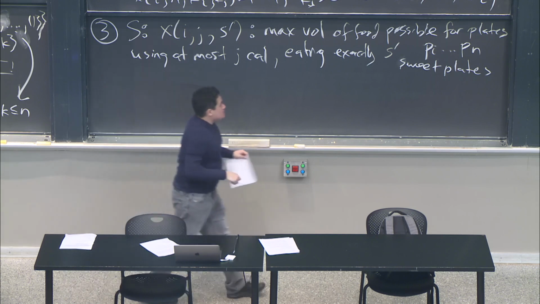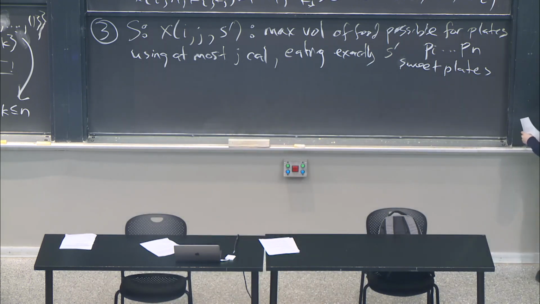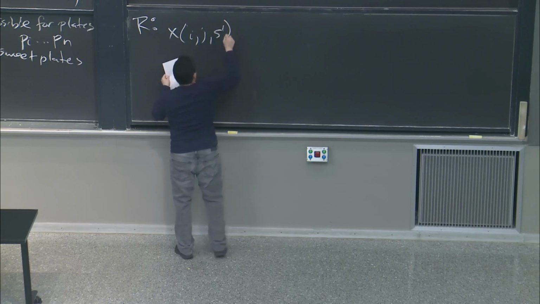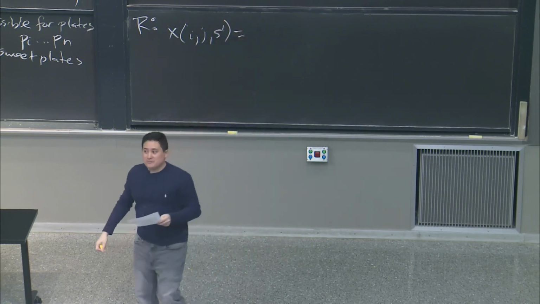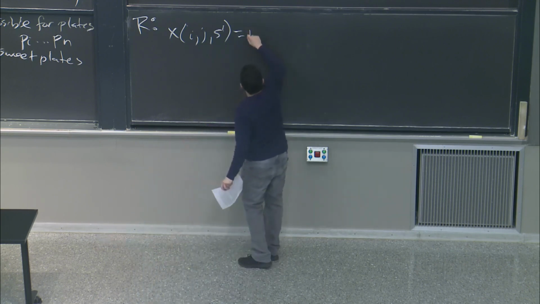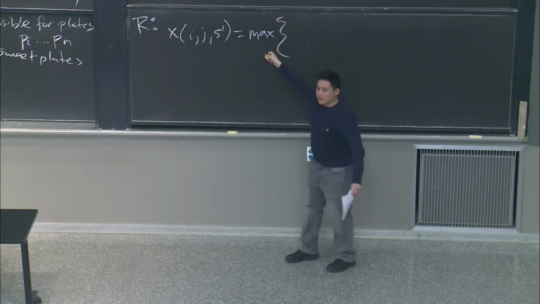I've got tons of board space. I'm going to go ahead and use it. Relation. We've got x of i, j, s prime equals, okay, I'm trying to maximize volume. Probably I want to be maximizing over something, right? This combinator is kind of what I like to call it, right?